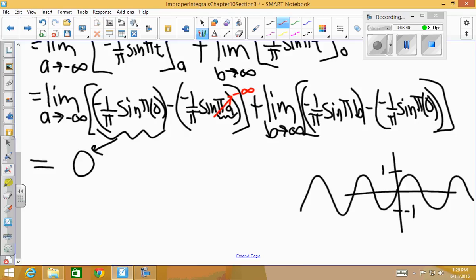Now, as the input of sine travels to the left, the value of sine oscillates back and forth between 1 and negative 1. It never settles in on a specific value. So that tells us that the limit of this whole thing does not exist. In other words, the limit is divergent.